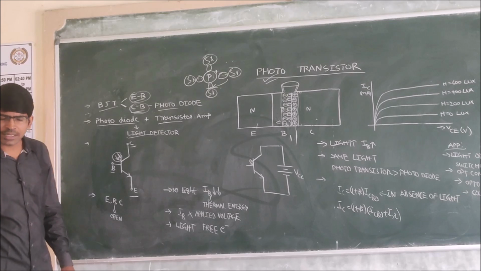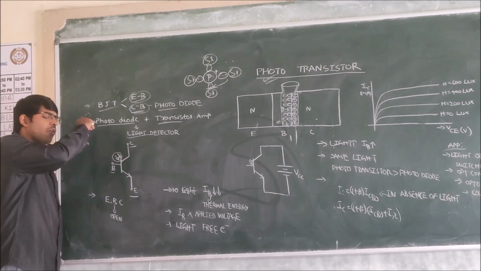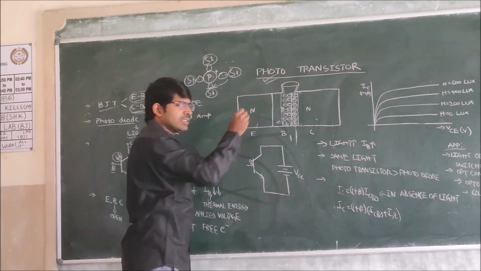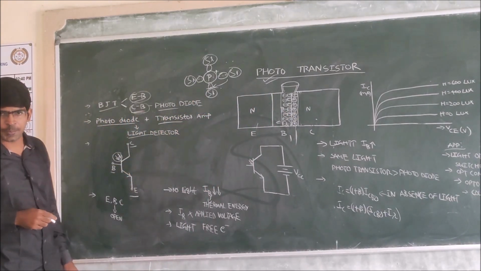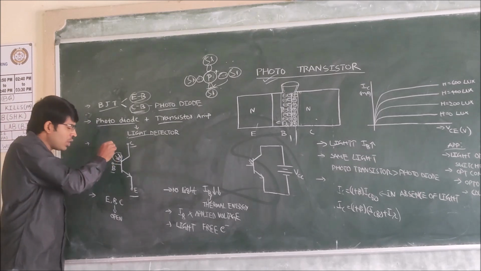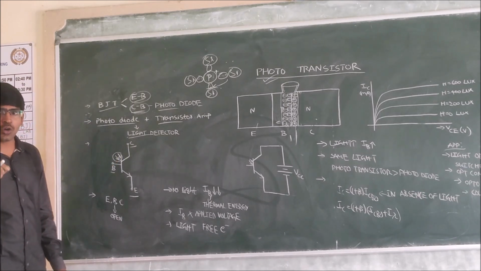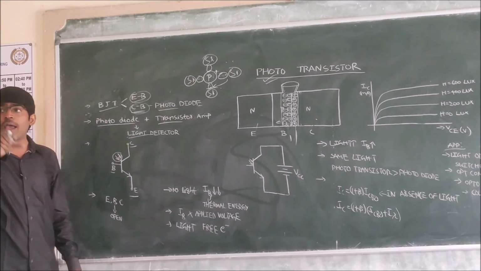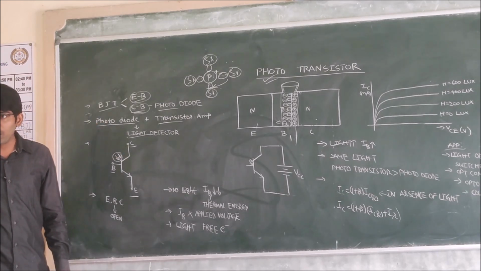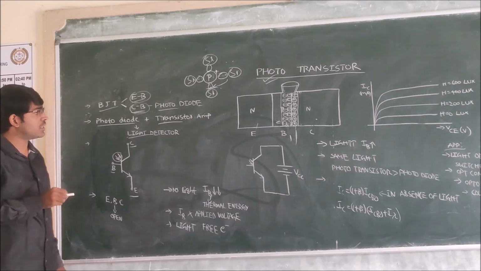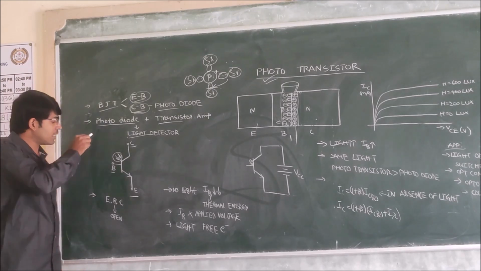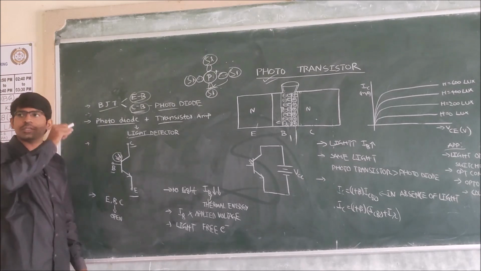It is indicating that light is falling on the depletion region of the collector base junction of this phototransistor. The incident of the light is being indicated with these inward arrows. The only difference between the normal BJT, normal transistor and the phototransistor is the incident of this light.